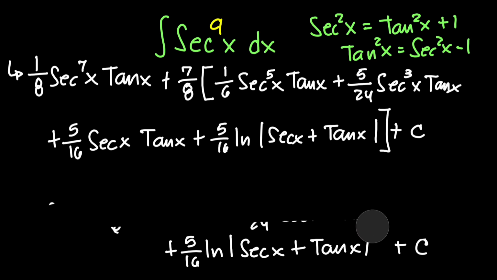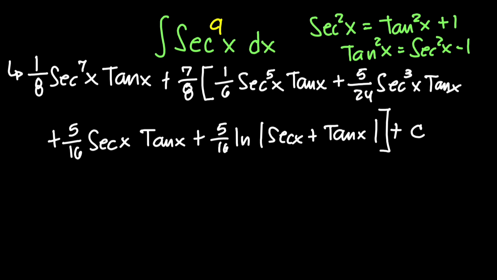So it is that. And for your final answer, you can just distribute 7 over 8 amongst the coefficients of this. And for your final answer, it would be equal to this one.